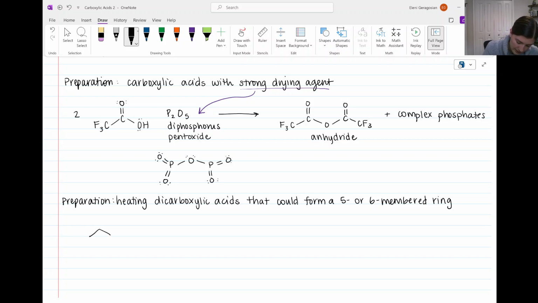Here is an example. We have an ortho-substituted benzene ring with two carboxylic acids. This is a dicarboxylic acid. And this actual molecule is called phthalic acid.